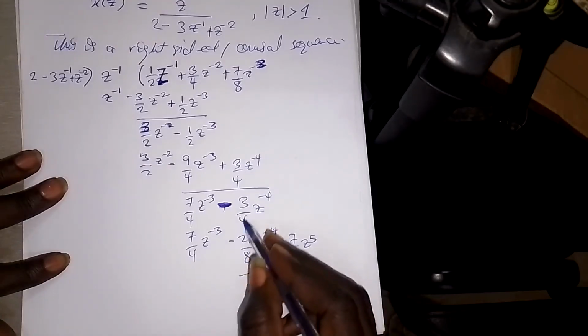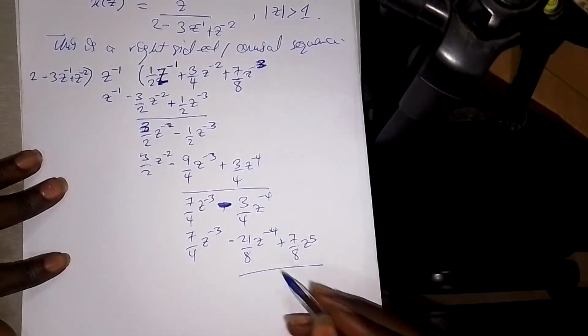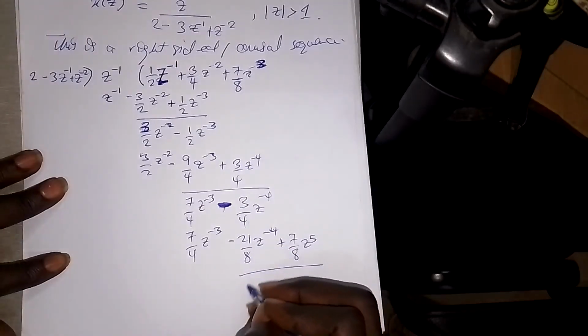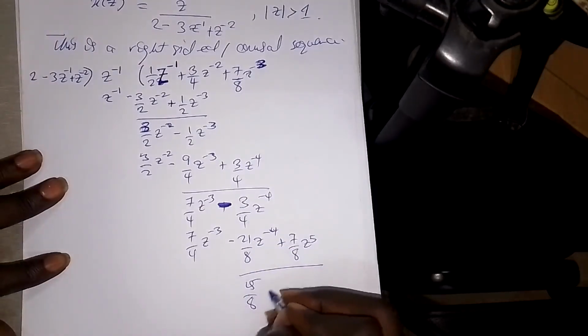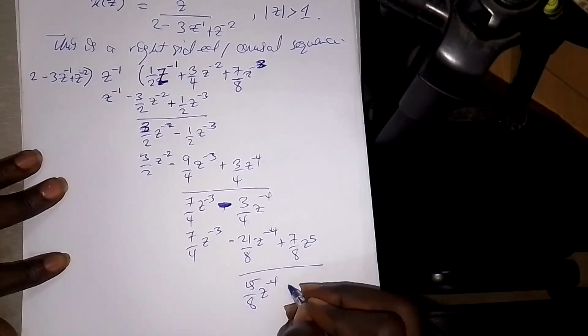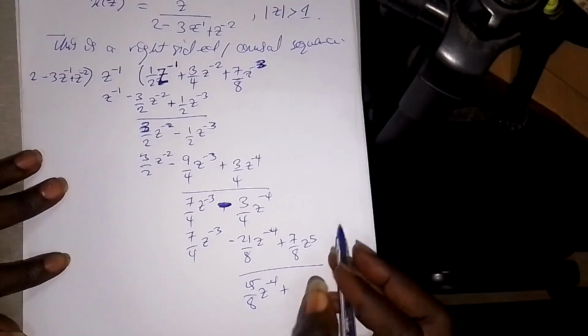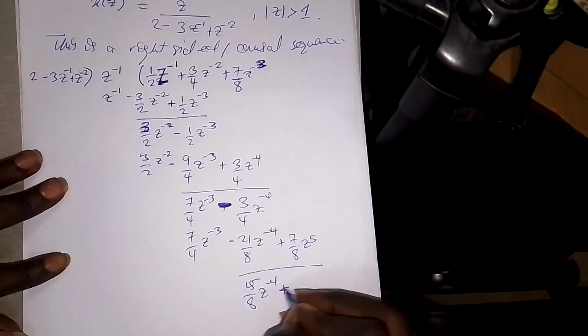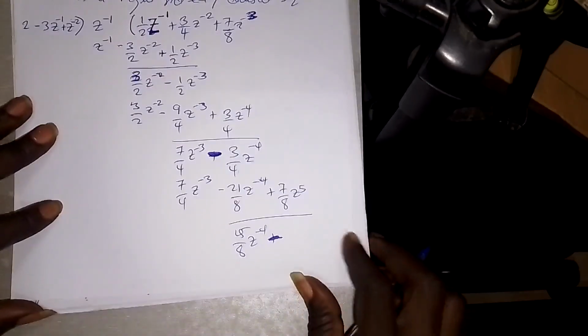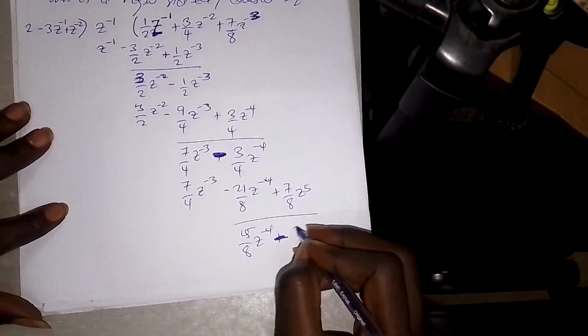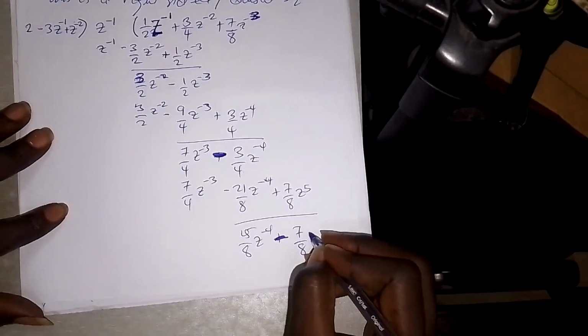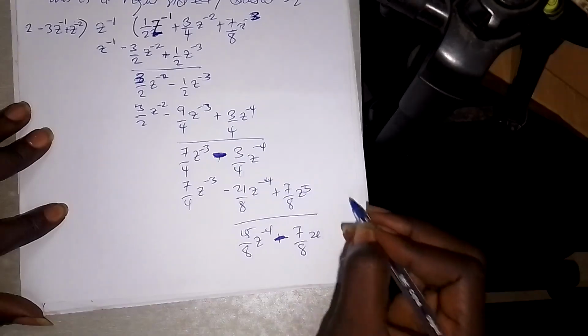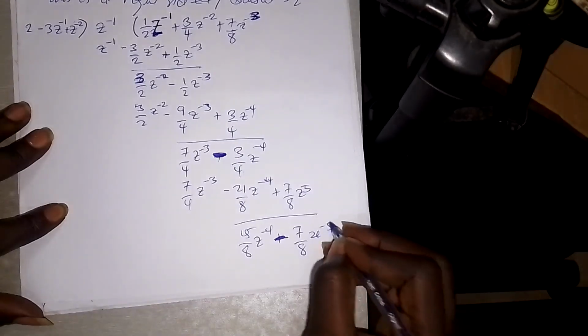So now when you subtract, what will you get here? Okay, here, if you subtract, you get 15 over 8 into z exponent minus 4. Okay, plus 7 here, you get negative. Okay, you're going to get negative 7 over 8 into z exponent minus 5.